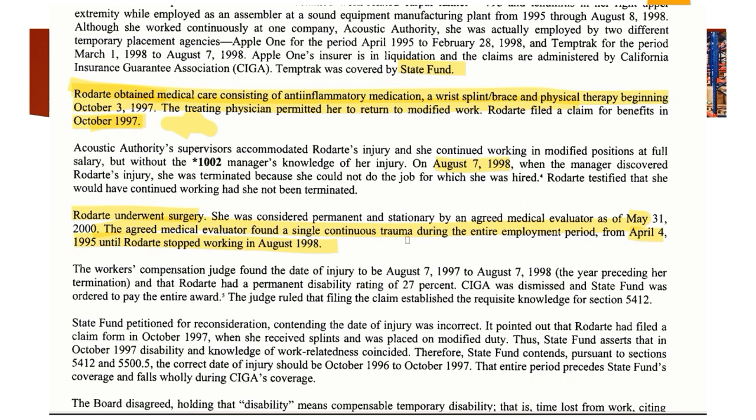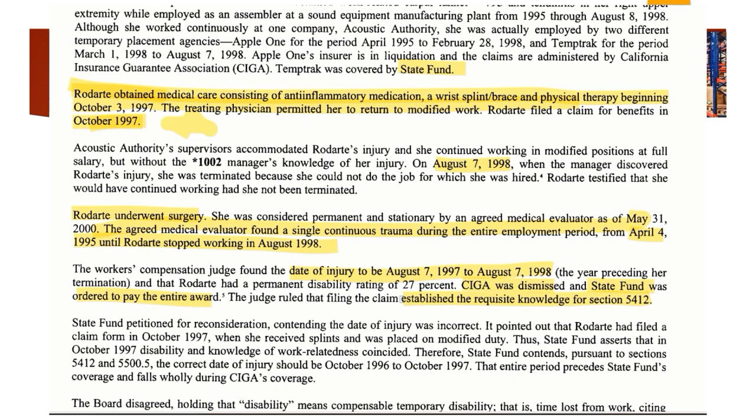Well, because the agreed medical evaluator found a single continuous trauma period extending through August 1998, the workers' compensation judge found the date of injury to be August 7, 1997 to August 7, 1998, the year preceding her termination. Therefore, the first insurance company was dismissed and State Fund was ordered to pay the entire award. The judge ruled that the filing of the claim in 1997 established the requisite knowledge for the purposes of Labor Code Section 5412.